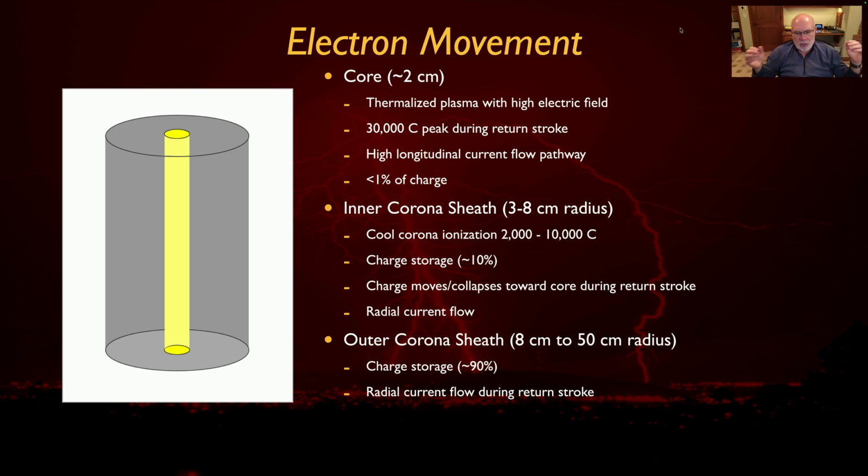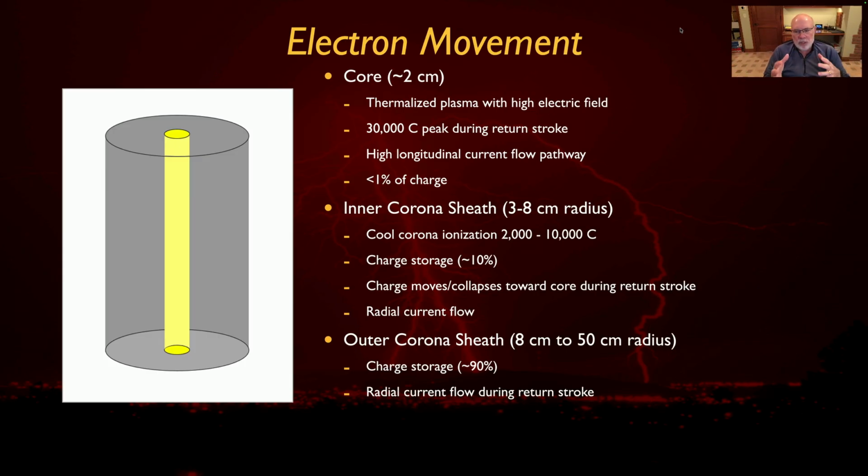Outside of there's a sheath, and the sheath is composed of an inner and outer portion, because we see a transition as the electric field decays from the inner core. There's a very intense electric field generated in this inner core, and that electric field goes out radially, and that decays, and that causes a differentiation of the sheath that surrounds the core.